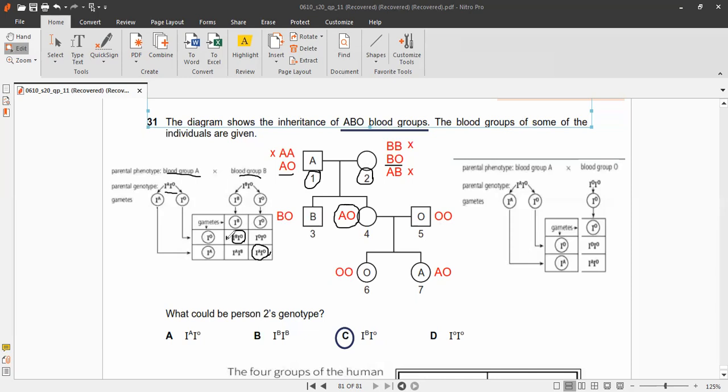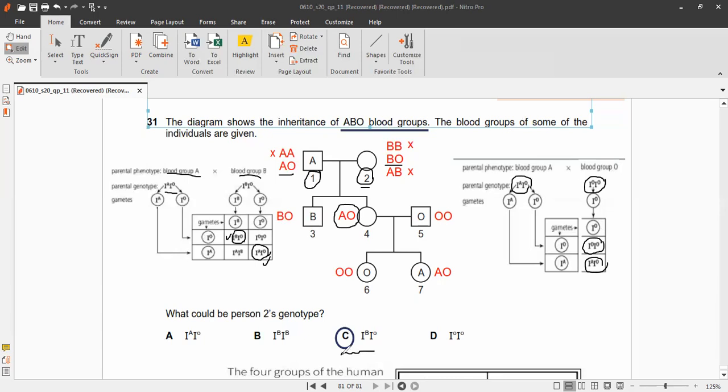We want this one and this one. Then AO meets with O, the blood group O and the blood group A, the parental genotype AO, and gives one O and one AO only. So the correct answer for 2, the person's genotype is BO. So the correct answer is C.